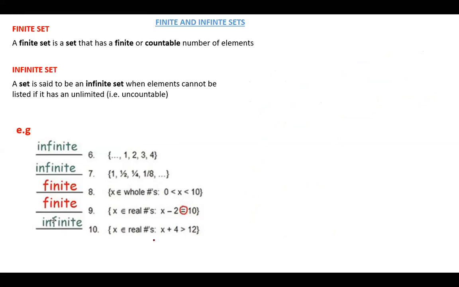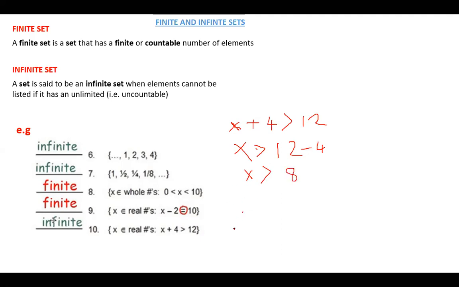Why is this one infinite? This is what I'm just explaining. x + 4 is greater than 12. So when you solve this question, you discover that you are going to have 12 minus 4, and then x will be greater than 8.